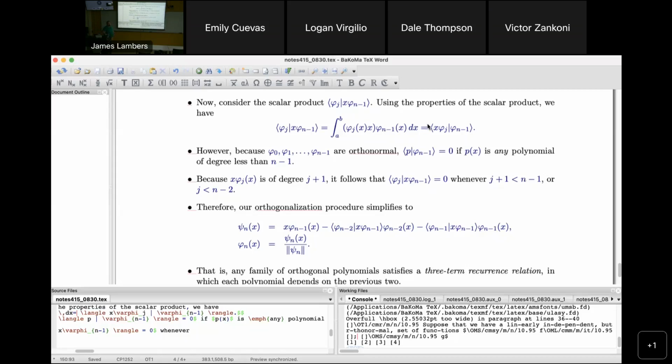So Legendre polynomials, for instance, they're orthogonal on -1 to 1. So it's known that their roots are real, distinct, and lie within -1 to 1. That's actually very useful for approximating integrals. For more on that, take Math 460.